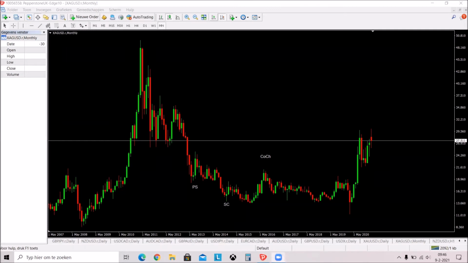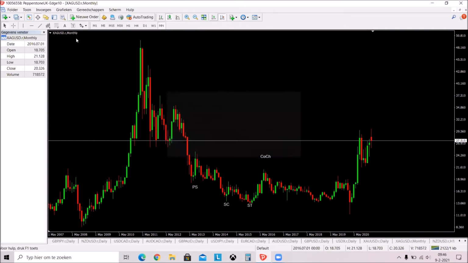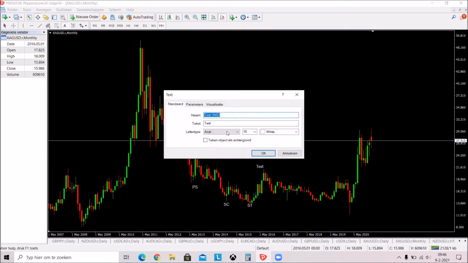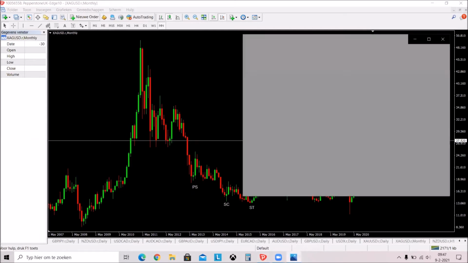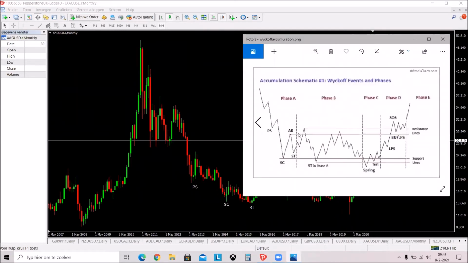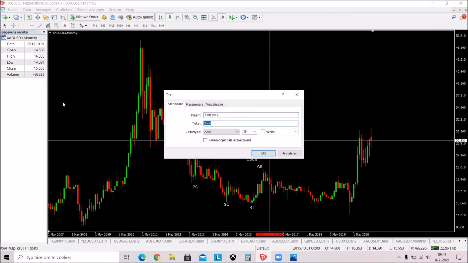So if I'm going to fill in the other parts of the accumulation range, this is your secondary test. And this is your AR, your automatic reaction, and also the change of character. So if we go back to the picture of the Wyckoff, this is phase A. Let me put a line here. Phase A of the accumulation range.